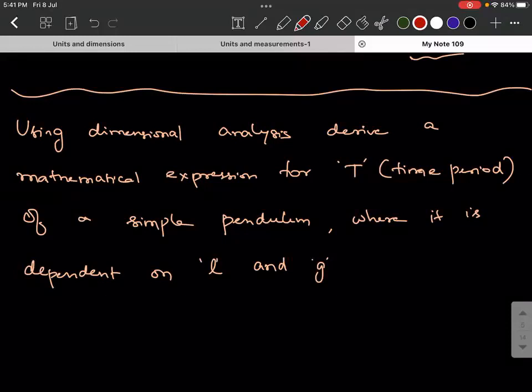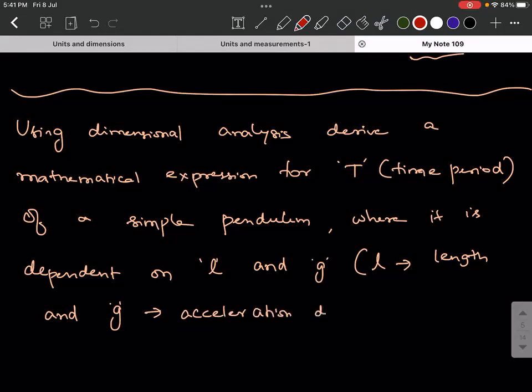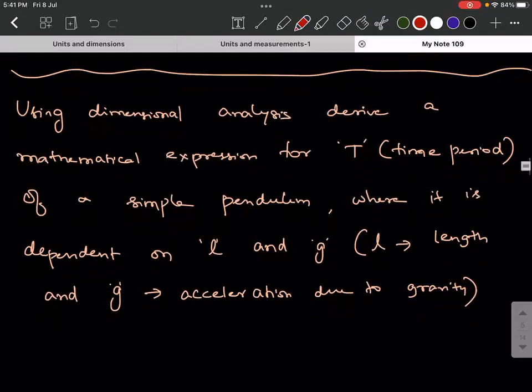L stands for length. Those who are online, are you able to hear me? Yes, sir. And g stands for acceleration due to gravity. Can you try this? Exactly 5 minutes, try it out.